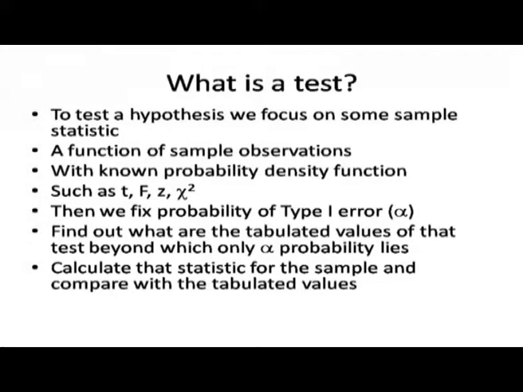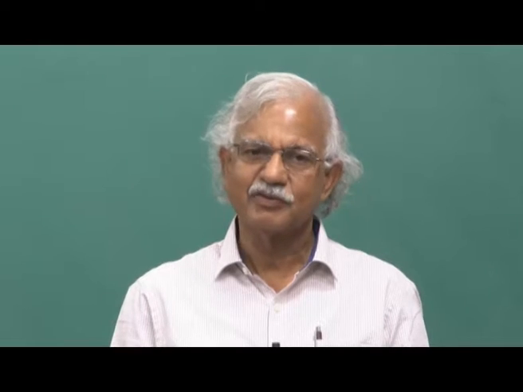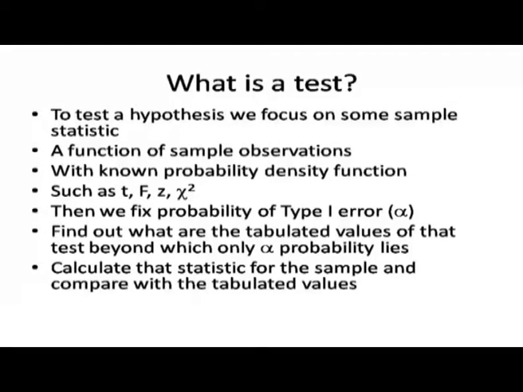There are so many functions of observation, so many functions of data. All of them cannot be called statistical tests. Only those functions of observations will be called tests which have a known probability density function. And this probability density function depicts the probabilistic behavior of the function from one sample to another. Some examples of such tests are T, F, Z and chi-square.